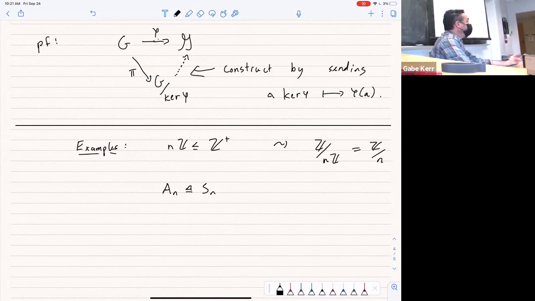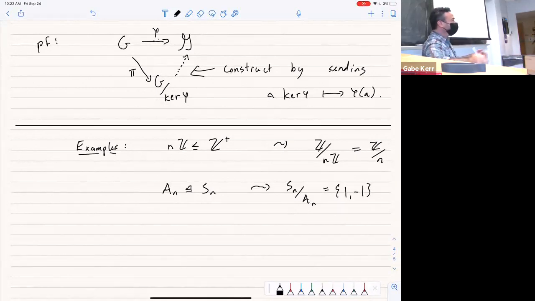A permutation is either odd or even. So this has index 2. So you can form the quotient group Sn mod An. This will be like Z mod 2, or you can think of it as 1 and minus 1 if you're thinking multiplication. Of course, there are a lot of other ones, but we don't have time, so we probably won't talk much about those.